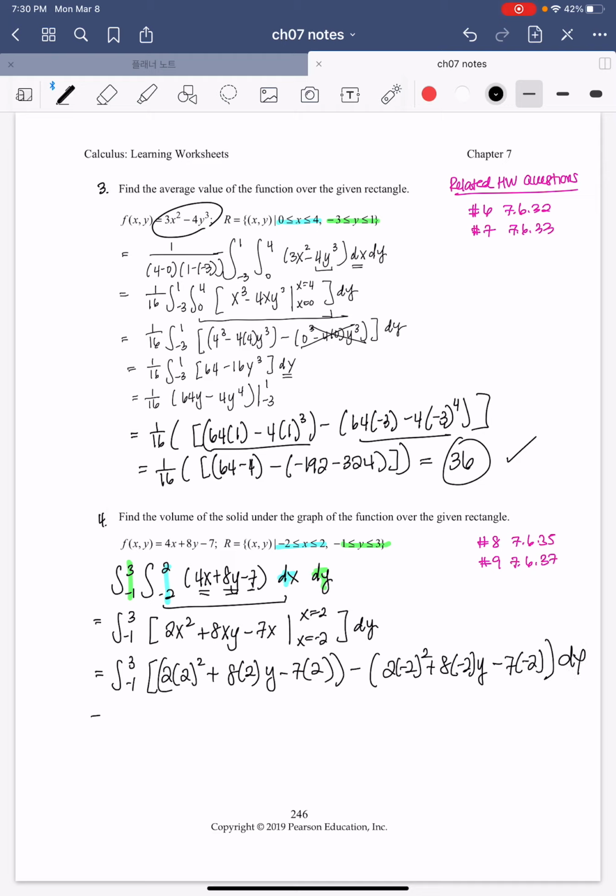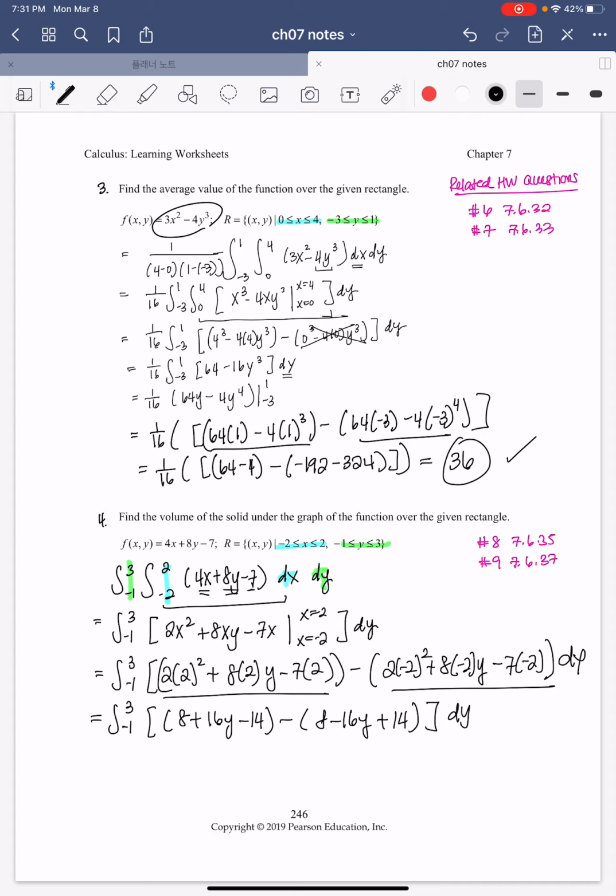Let's simplify. -1 to 3. The first set, I'm going to have 8 plus 16y minus 14. And then the second parentheses, I have 8 minus 16y plus 14. And then whole thing dy.